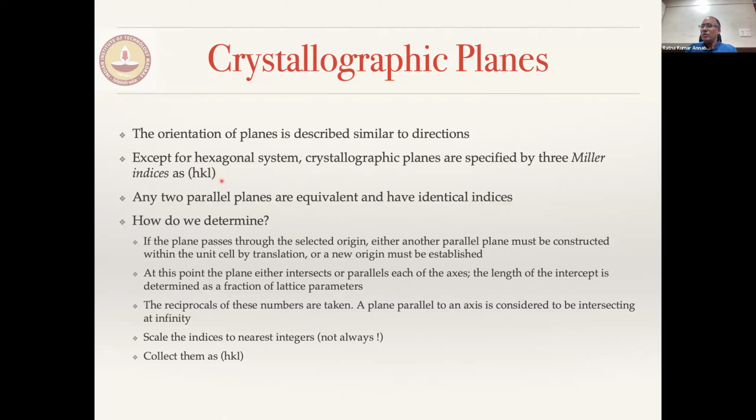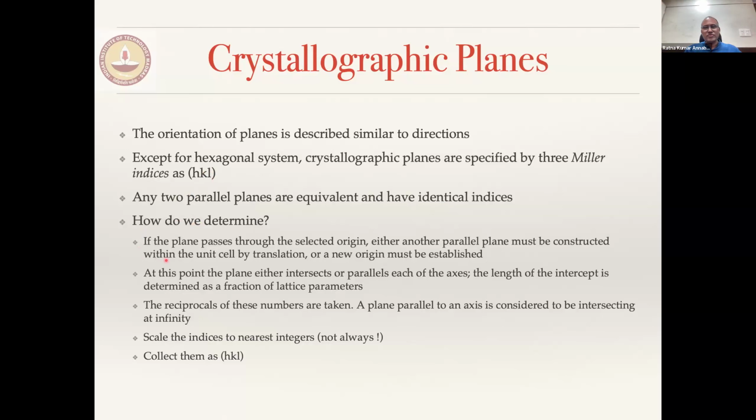A family of planes will be represented by curly braces. We will see that. And any two parallel planes are always equivalent and have identical indices. If you have two parallel planes, they have the same index. We will see how. So now how do we go about determining these indices H, K, and L?